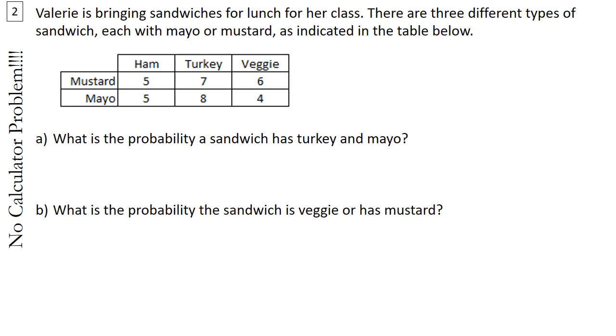Now, anytime we're working with a two-way table, we do want to make sure we've got our totals from our rows and columns. And this table didn't give them to us. Sometimes it will. More often than not, we have to find our own. So let's add some stuff up for our ham, turkey, and veggie, for our mayo and mustard. We've got all those totals, just a little bit of adding, and no, you shouldn't need a calculator to add 3 one-digit numbers.